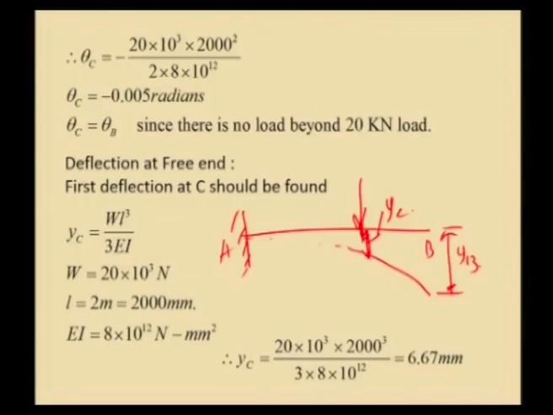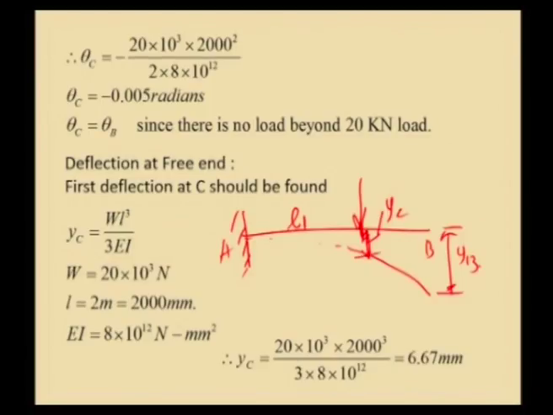So, Y C can be calculated using the formula W L cube by 3 E I, which we have derived for a cantilever beam with point load, where L is L 1. So, W L 1 cube by 3 E I, where L 1 equal to 2 meters. So, therein we get deflection at C as 6.67 mm.